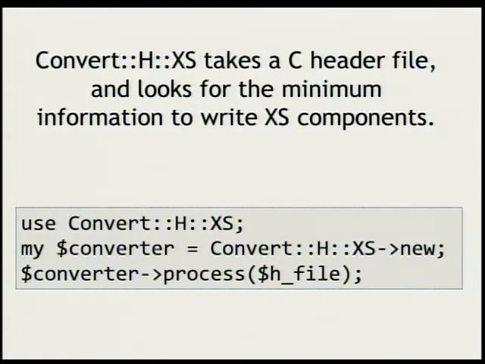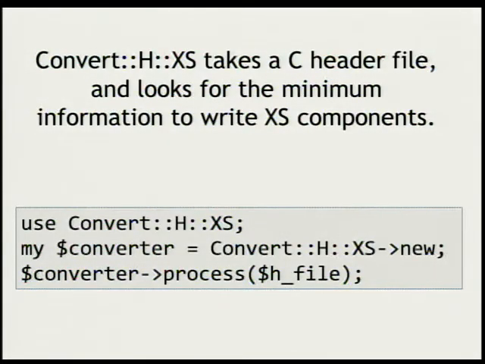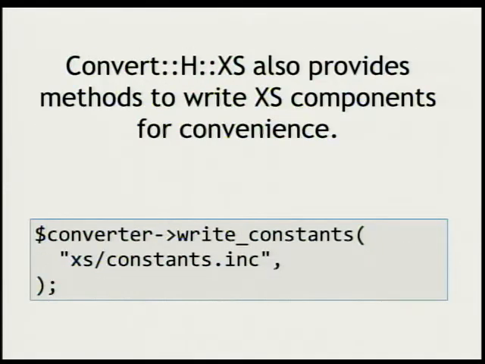This module takes the C header file and looks for the minimum information to write XS components: defines or includes, type maps, C function names, structs, etc. And this module also provides methods to write XS components for convenience, like write constants or write functions, or write XS.